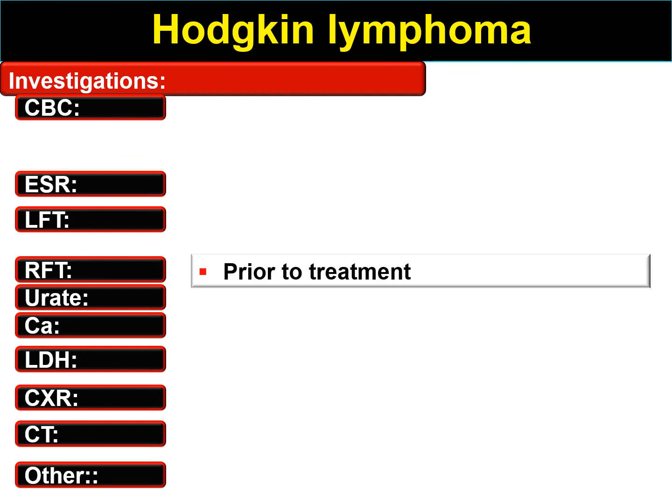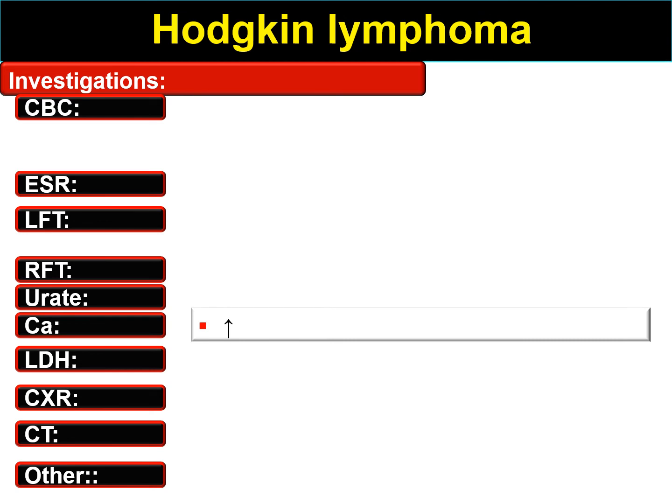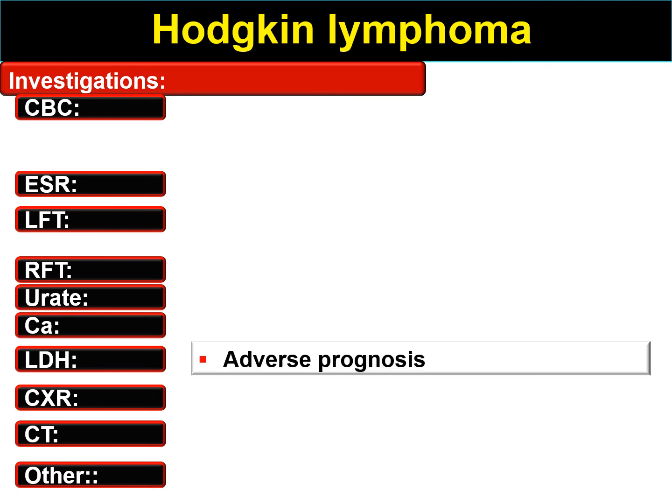The renal function tests are done prior to the treatment to get a base value. Urate and calcium are also increased. LDH, lactate dehydrogenase, is a marker of adverse prognosis.